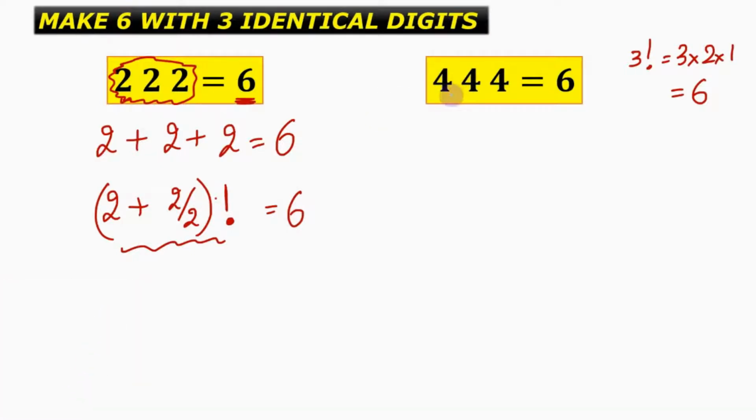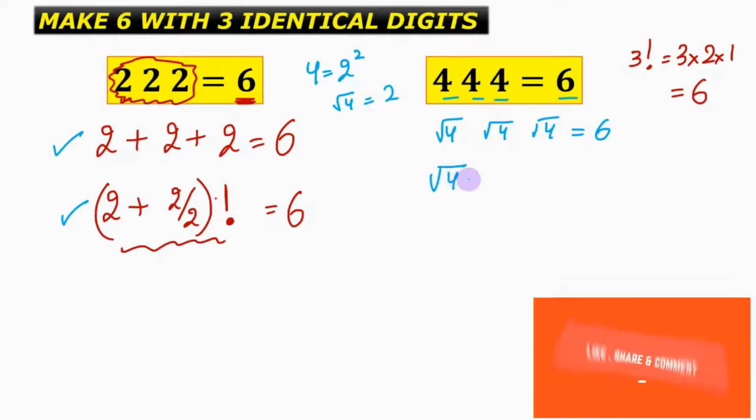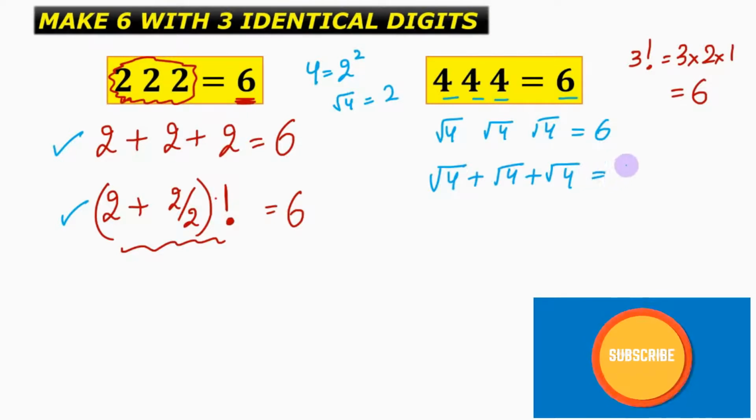Okay, and now we have 4 is equal to 6. Now 4 is nothing but 2 square. So square root of 4 will be equal to 2. So I can change this question to square root 4 is equal to 6. And now I can use these two solutions for this question. So I can simply write square root 4 plus square root 4 plus square root 4 is equal to 6.